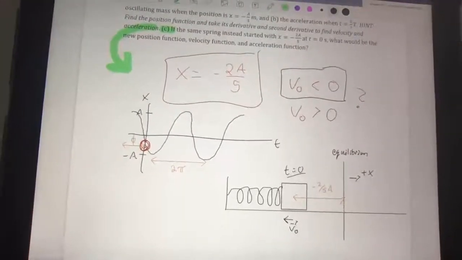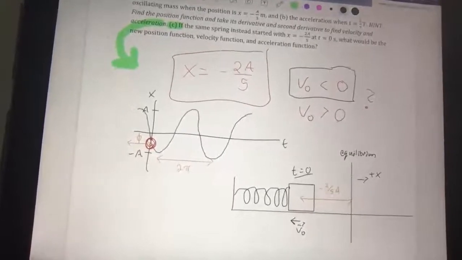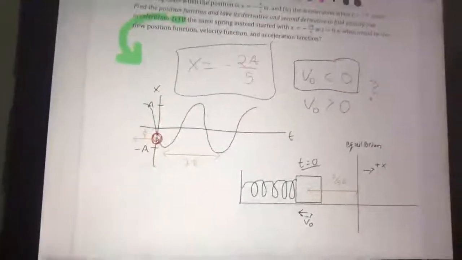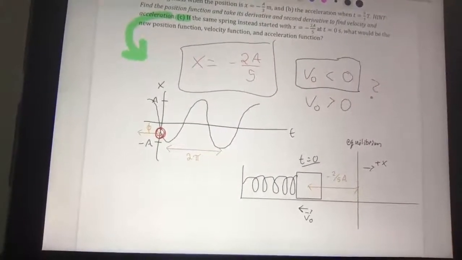Your new position, velocity, and acceleration functions will all have a value equal to that horizontal shift of the cosine function. So how do you solve for that? How do you find what angle that is?